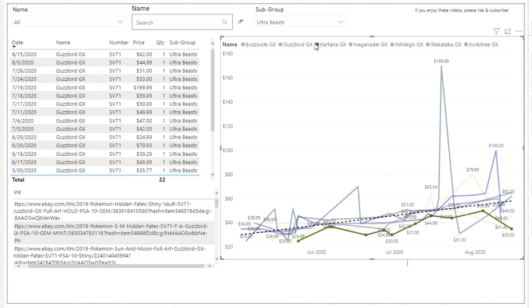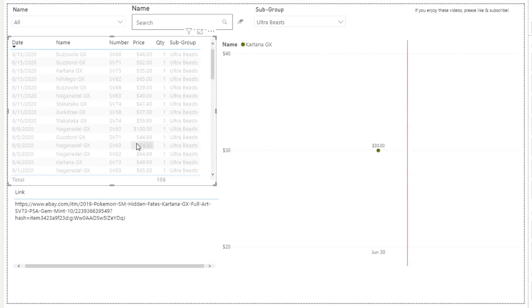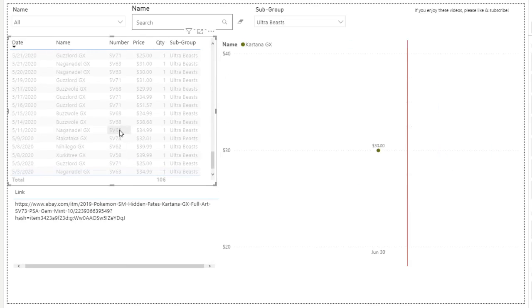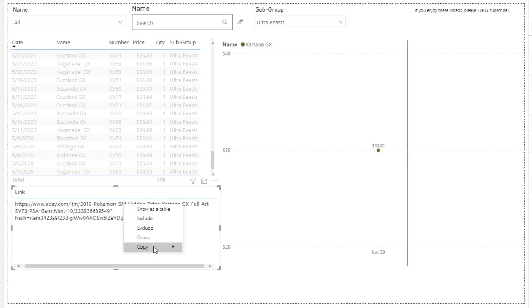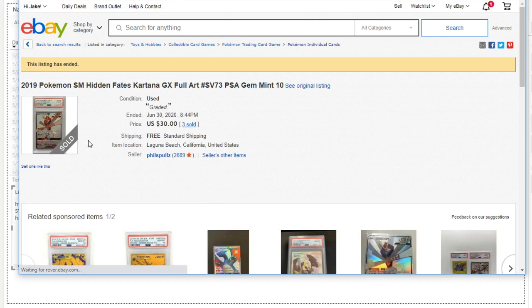$62 for the Guzzlord. Kartana GX, 35. That's very cheap. Let's take a look at this. I have a weird feeling about this one. No, PSA 10.